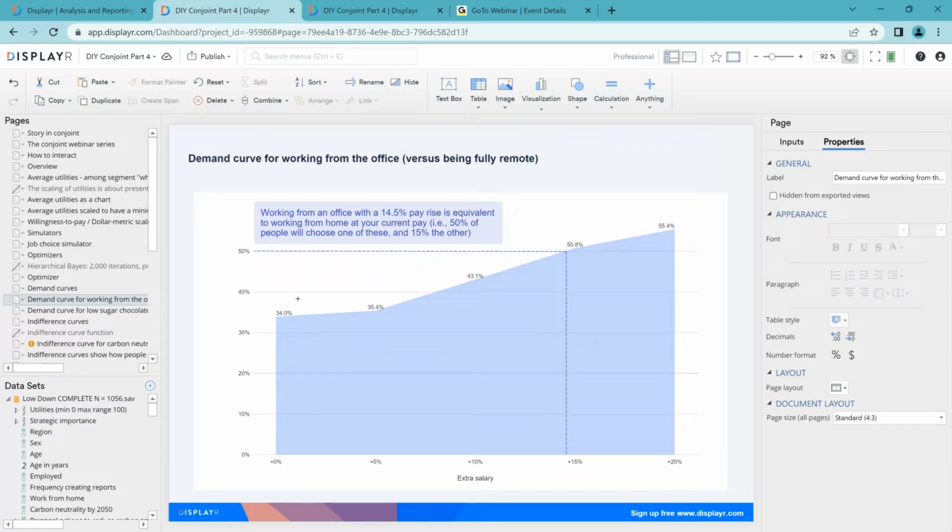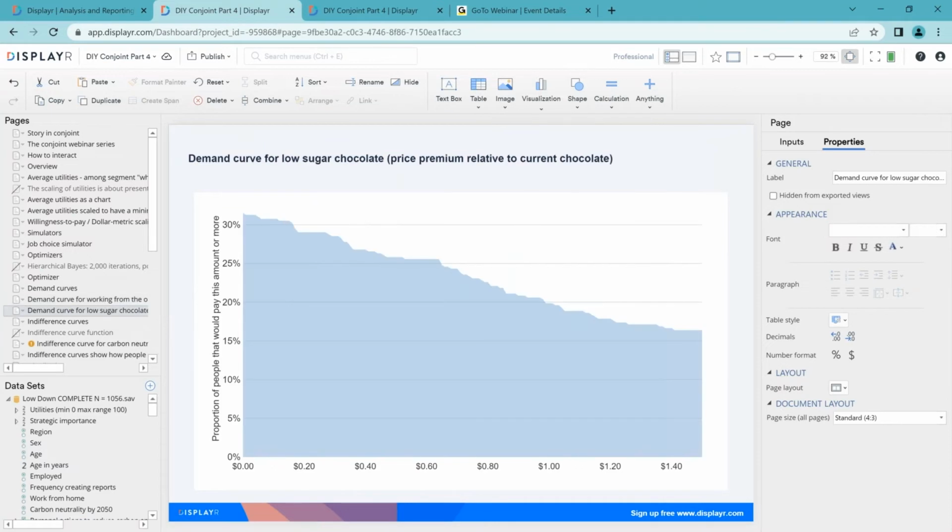So here is a demand curve for sugar-free chocolate. Now you'll remember that the willingness to pay suggested that sugar-free chocolate was a real bad idea. But what we can see here is at a 0% price premium, that is if we sell sugar-free chocolate or low sugar chocolate at the same price as fully sugared chocolate, we're going to get about 31% of people preferring the sugar-free chocolate.